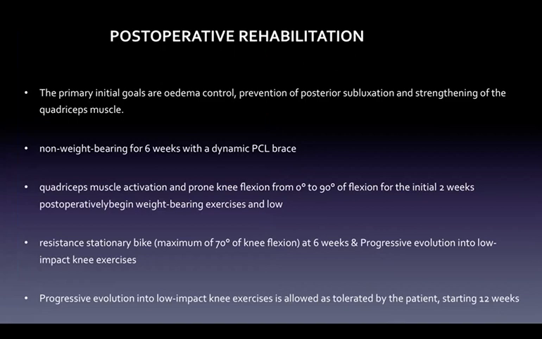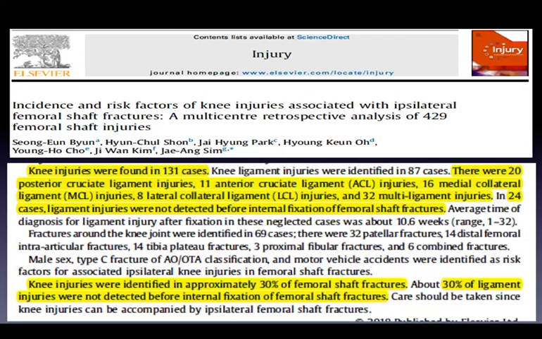We give a posterior bump on the tibial side so that it can avoid the tibial sag in the initial 4 weeks. Then you progress with resistance and strengthening exercises and do a good rehab for a satisfactory outcome.